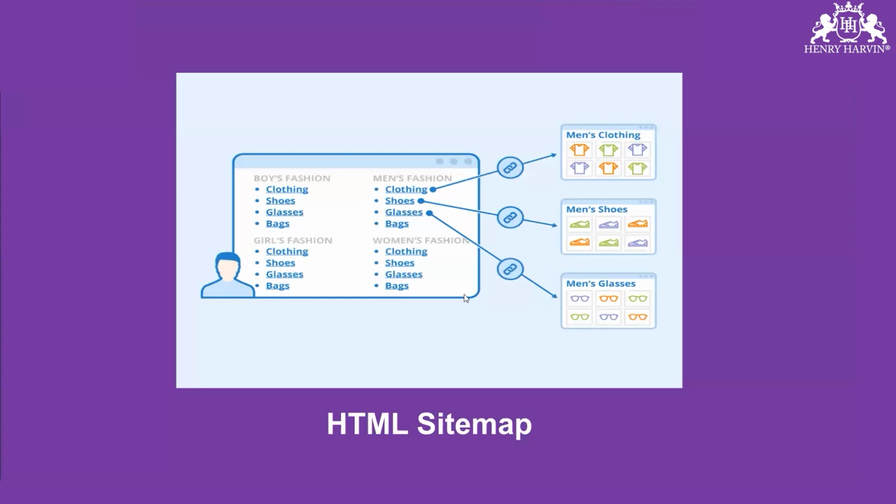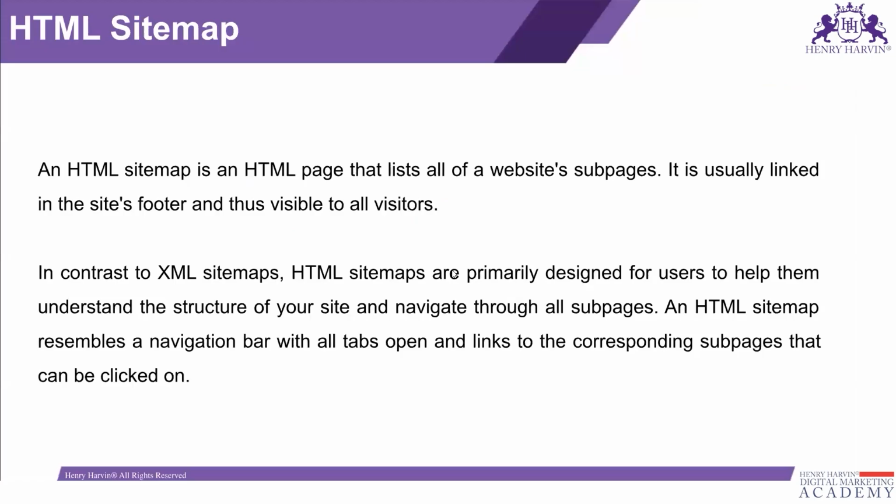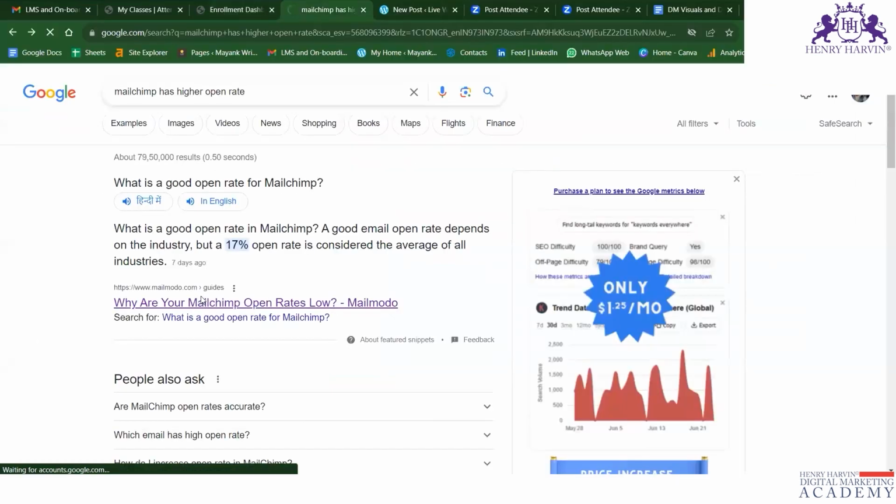And the same goes with the HTML sitemap. An HTML sitemap is an HTML page that lists all of your website's subpages. It is usually linked in the site footer and thus visible to all visitors.